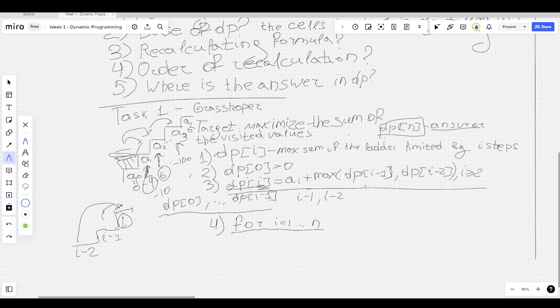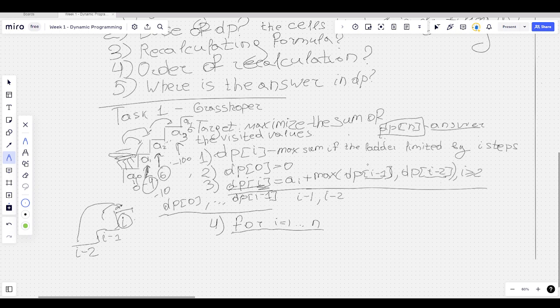Okay, he took the max sum on step e-1, or he took the max sum on step e-2. So dp_e contains the max sum if the ladder is limited by e steps.